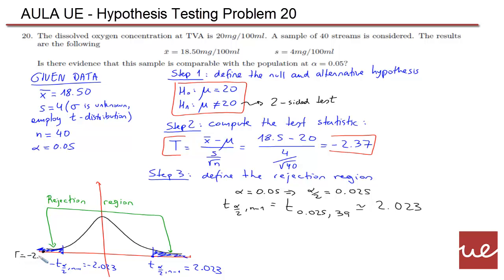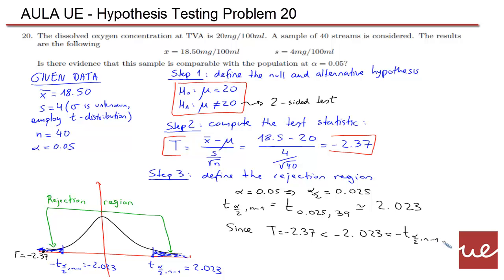As you can see in the graph, minus 2.37 is, of course, smaller than minus 2.023, the value of minus t alpha halves, n minus 1. And hence, we see that the test statistic is inside the rejection region.